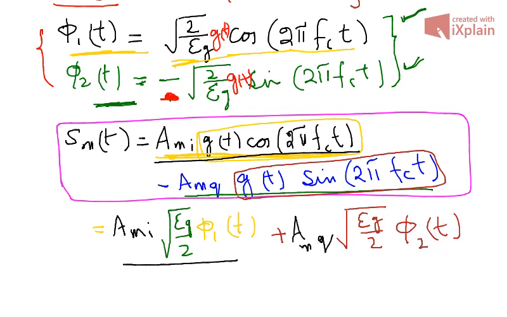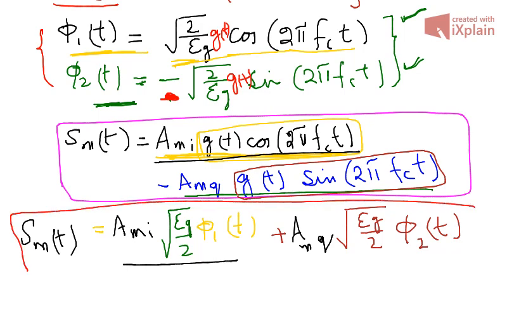So this is how you represent your Sm of t as a linear combination of phi 1 and phi 2. Now if you see, we are having a summation here.